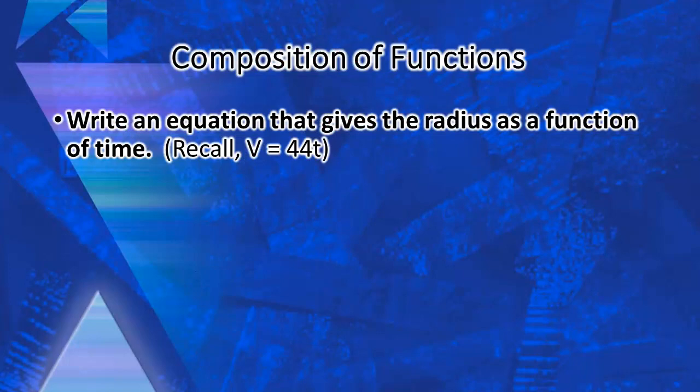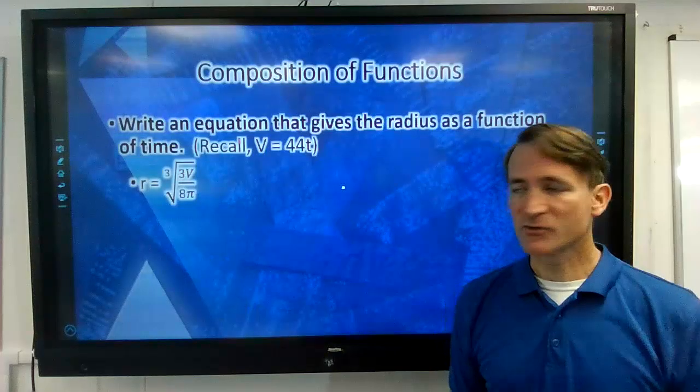Write an equation that gives the radius as a function of time. We're going to use our V equals 44t, and we already solved that r is equal to the cube root of that. So now we're going to take those two pieces, put them together, and try to solve.